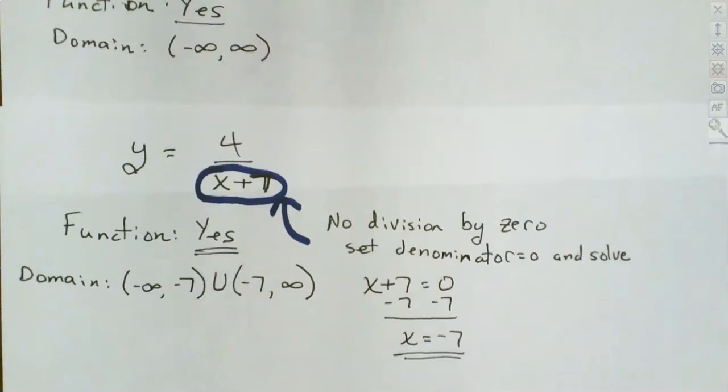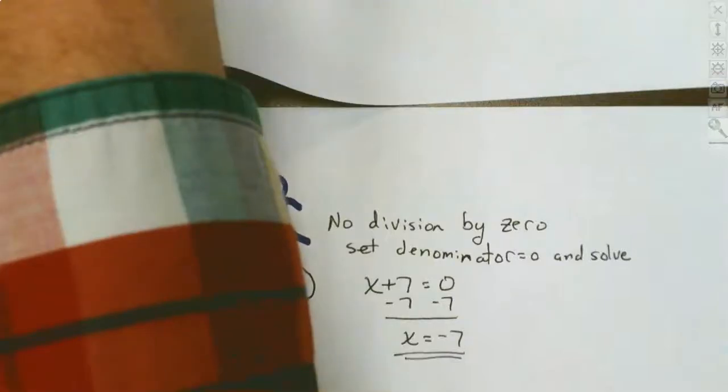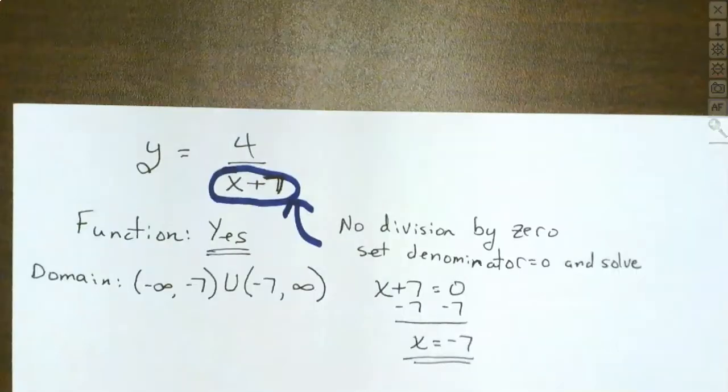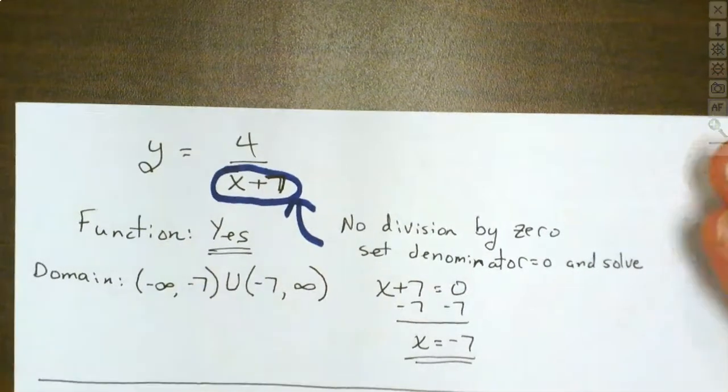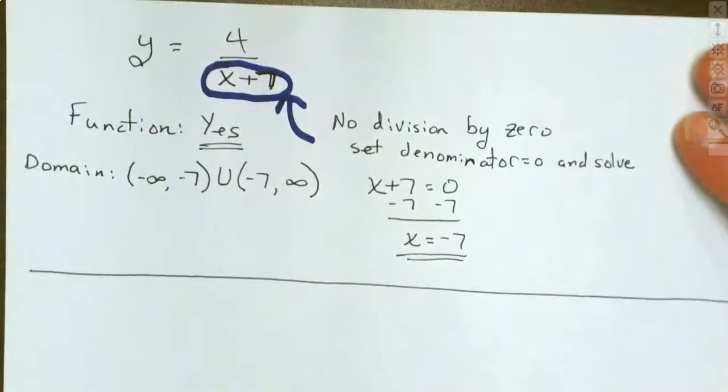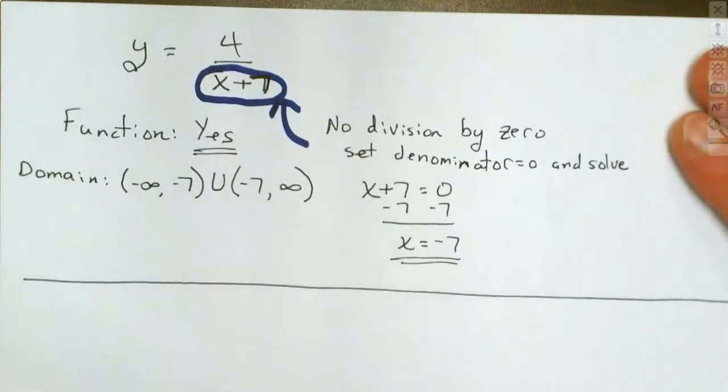Because that negative 7 would give you division by 0, and we do not want that. We'll do 1 more of these fraction ones, and then we'll look at a little bit different one, and then we'll look at our square roots.